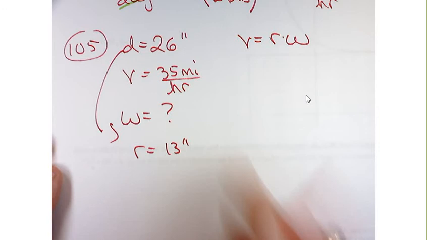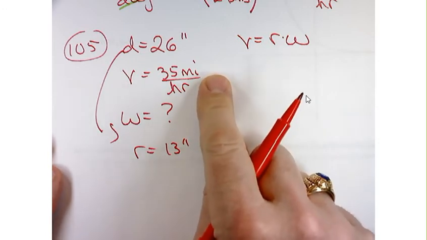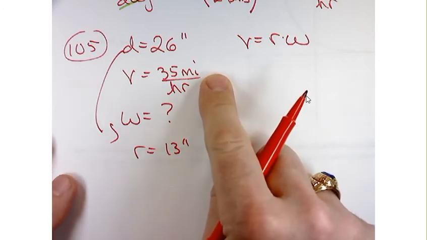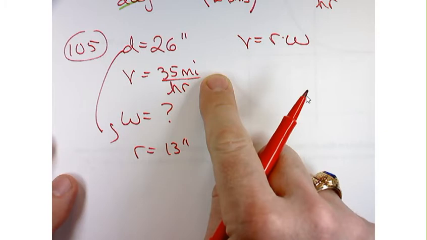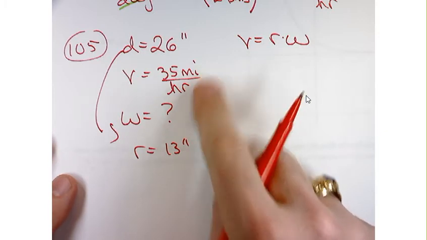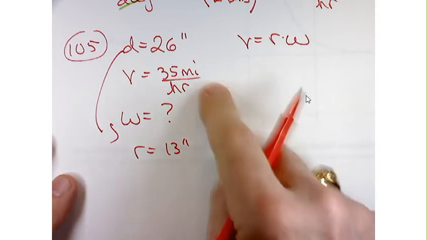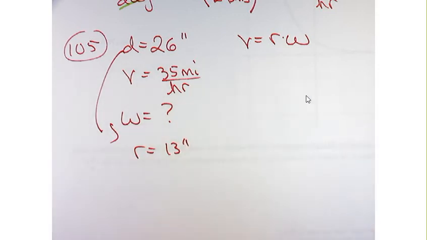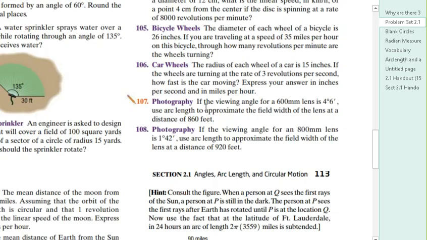Okay, but here's where I'm going to run into a problem. If I stick with things now, I'm going to end up with units of miles and inches mixed up. I got to pick one of these. You got to go with one of them. Now let's look back at the problem for just a second, see if we can get some guidance. It says, through how many revolutions per minute are the wheels of the car turning?